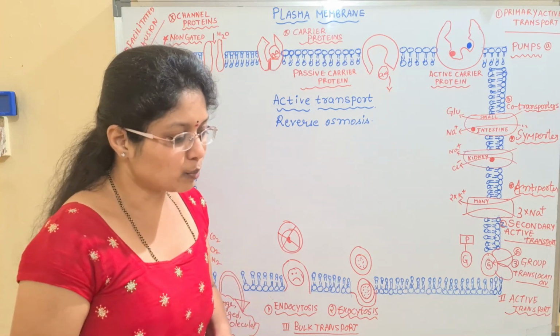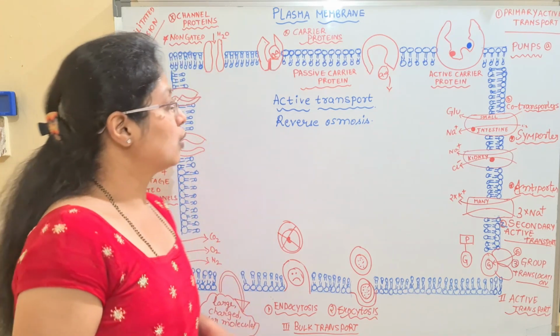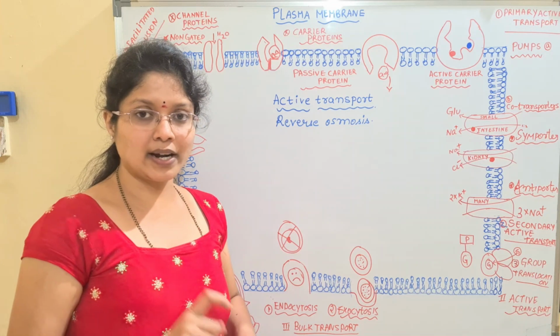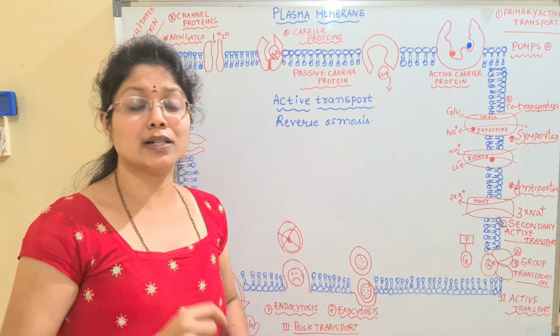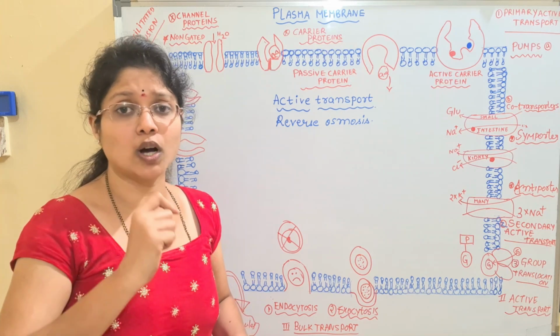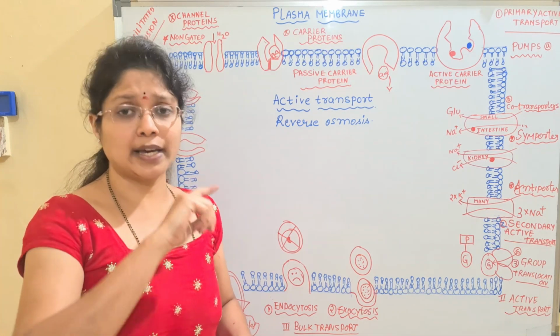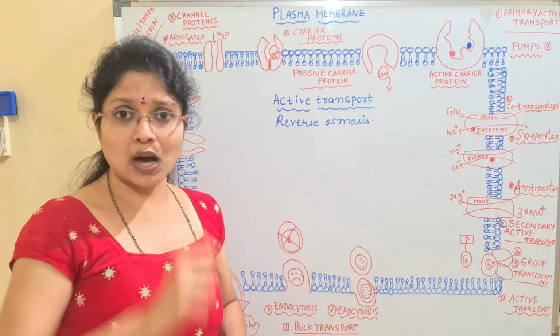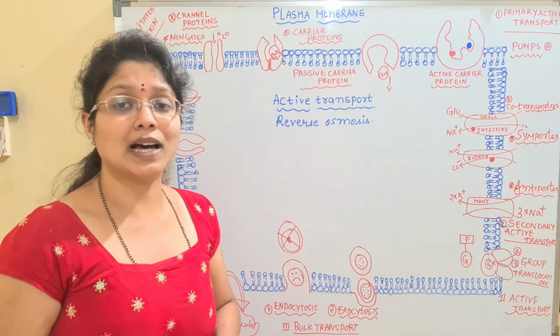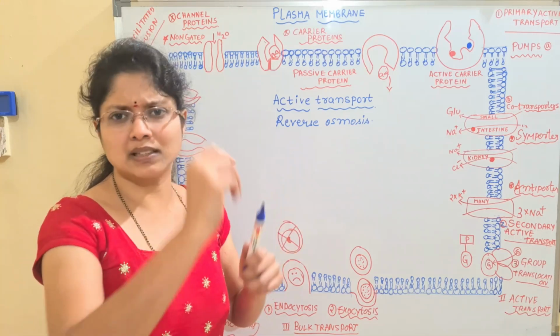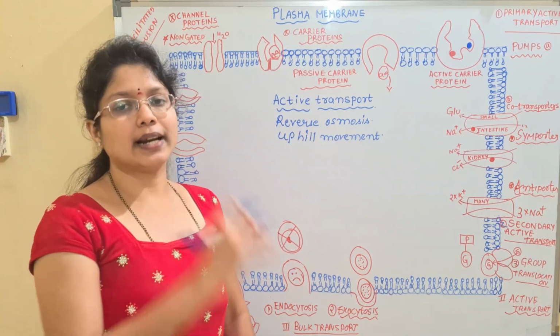And the second important point, the feature we will be writing now, is uphill movement, right? In the case of passive transport, I mentioned, children, it's a downhill movement. Why? Because the movement is from higher to lower, it is called downhill, and here it is from lower to higher, which is called uphill movement, just like climbing steps, right? What about the gradient?